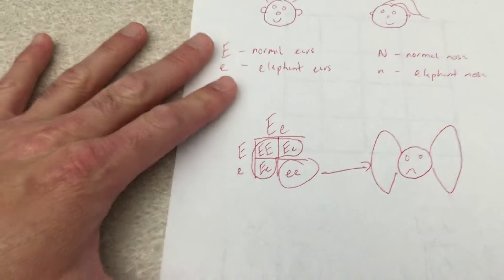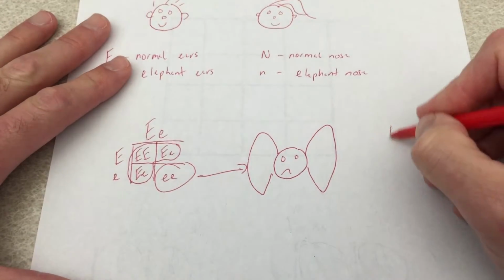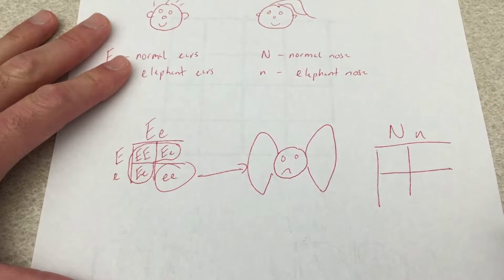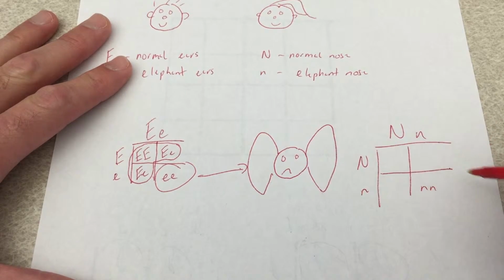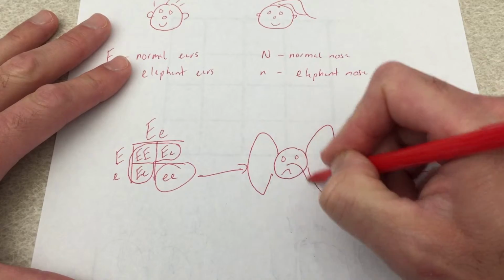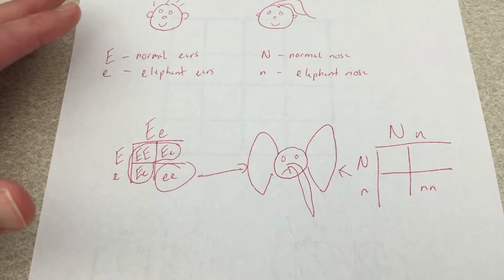Same thing can be said about the nose. Cross two individuals who are phenotypically normal but are heterozygous, and you get a 3-to-1 ratio, and that would result in an elephant nose.